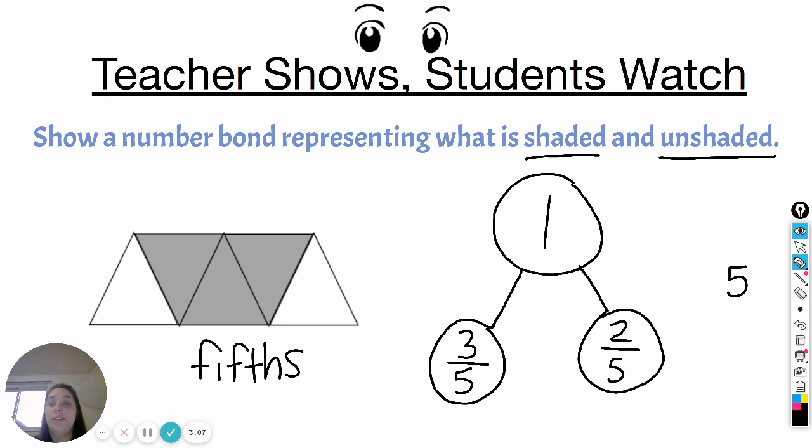And as you know, our shape is broken into 5 pieces, so that makes sense. If we add together the shaded and the unshaded pieces, we should end up with how many pieces there are all together. Okay, so that's a way you can check your work to make sure you added them correctly. Let's go ahead and have you try one with me.